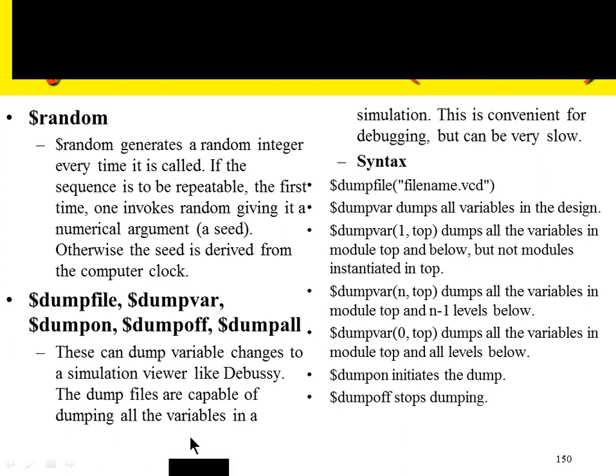For such cases, we had to use these system tasks, where a dump file is, after you compile and simulate the code, you can dump all the signals into something called a .vcd file. It's a value change dump format, where the various signal names and various transitions of signals from logic 1 to logic 0 were stored.